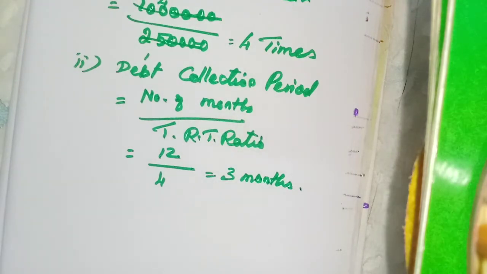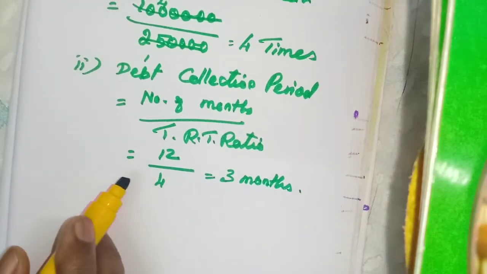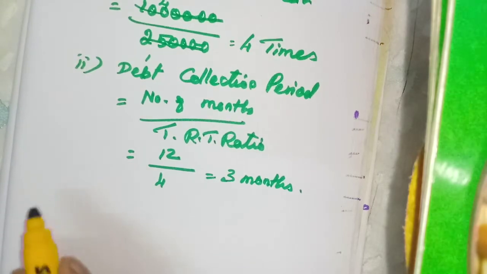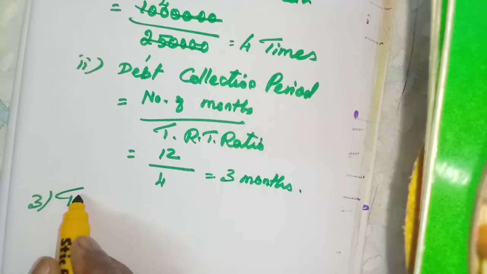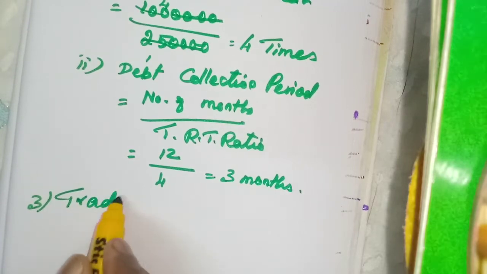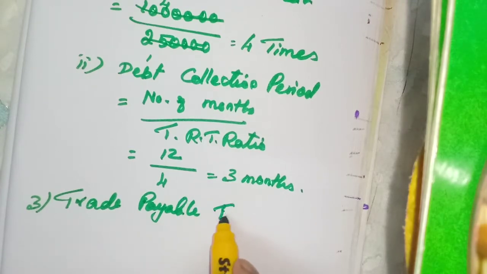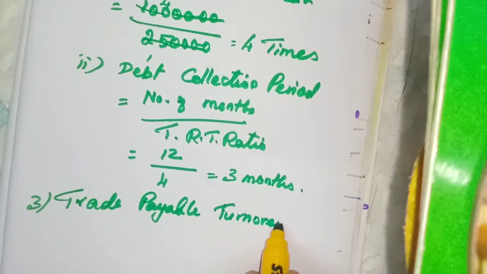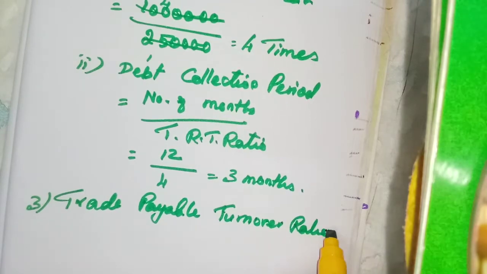Now we will learn the third ratio, just the opposite of the trade receivables turnover ratio. The third one is the trade payables turnover ratio. Trade payable turnover ratio is related to credit purchases, isn't it?